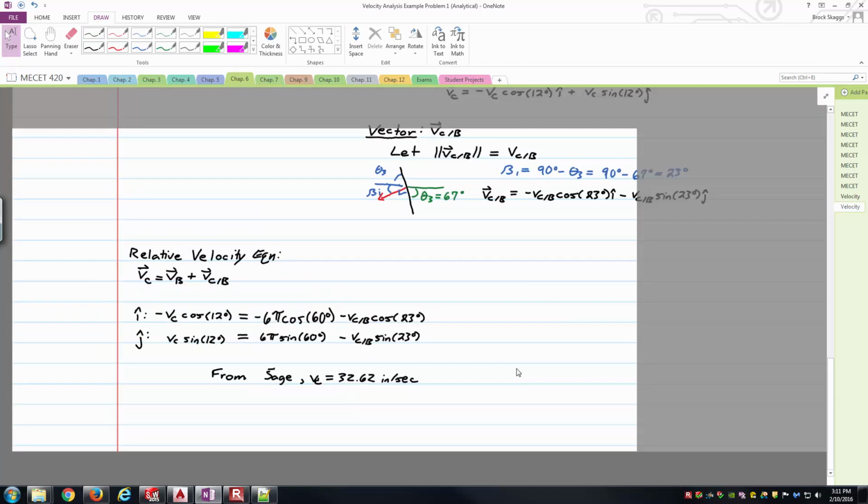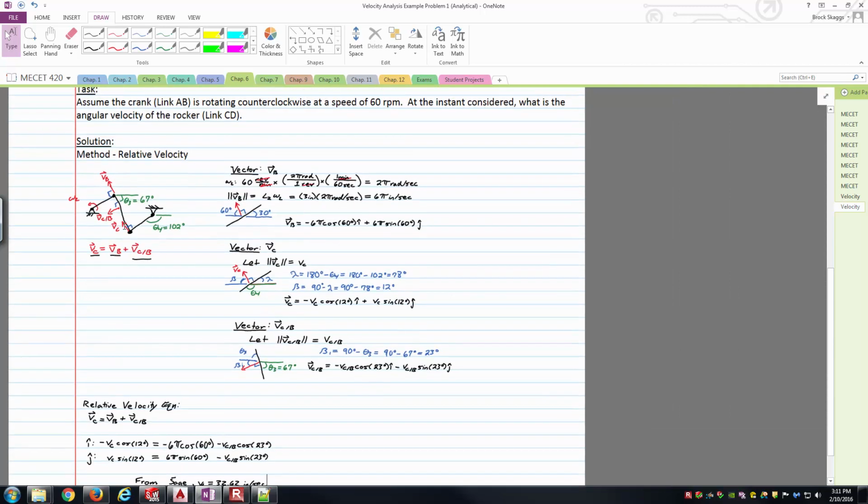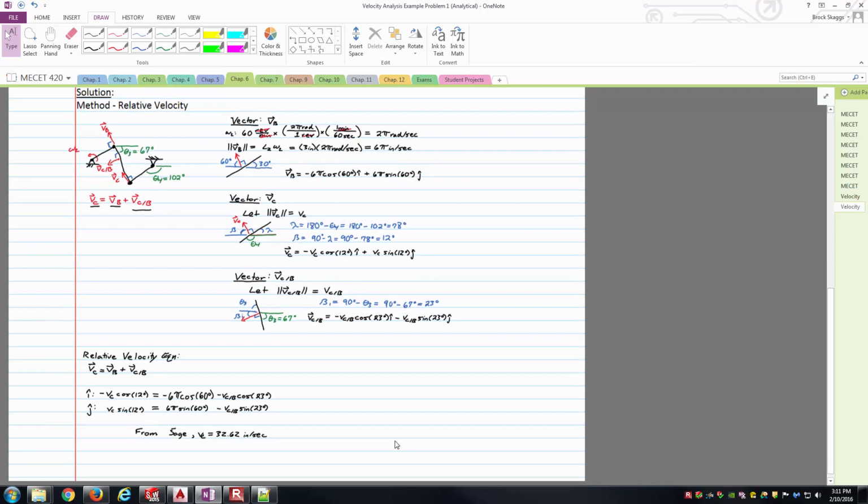And so now that we know the magnitude of this vector, we can relate it back to the angular velocity of the rocker link.